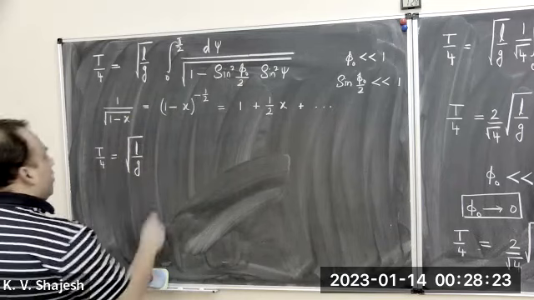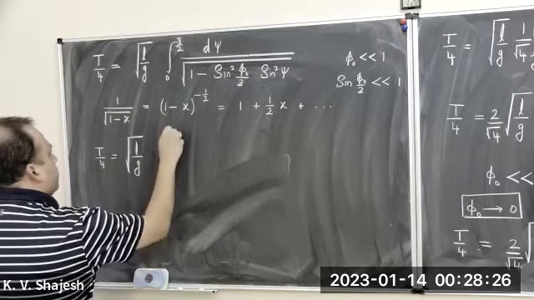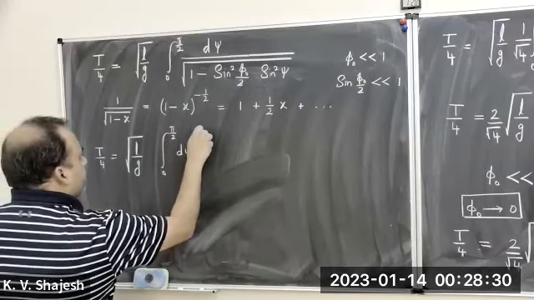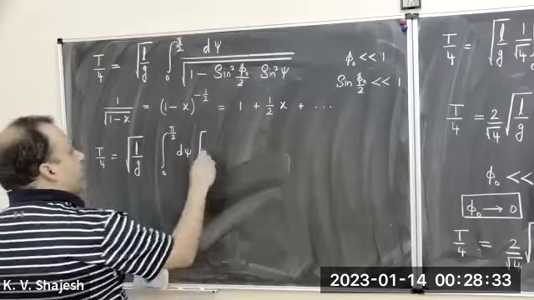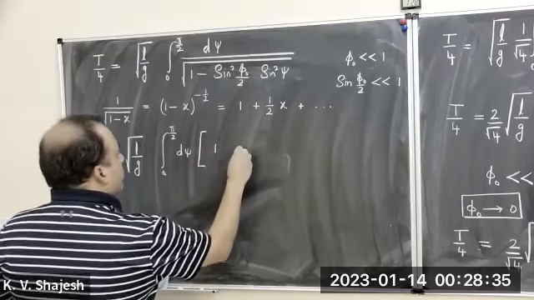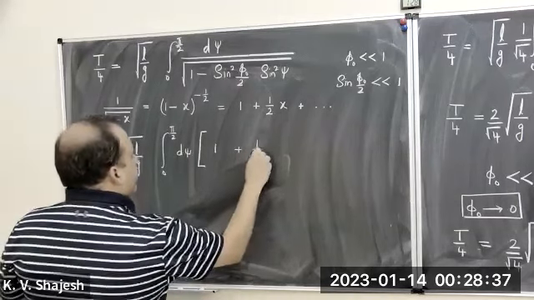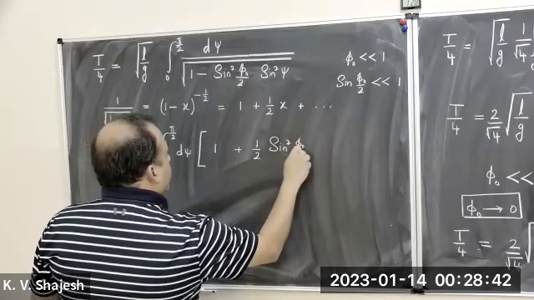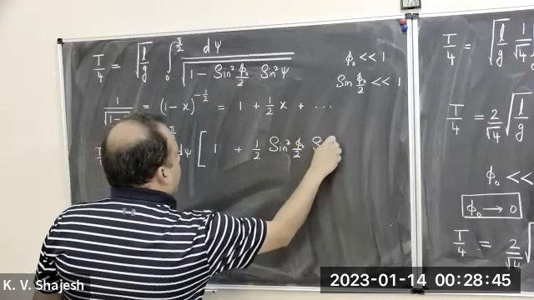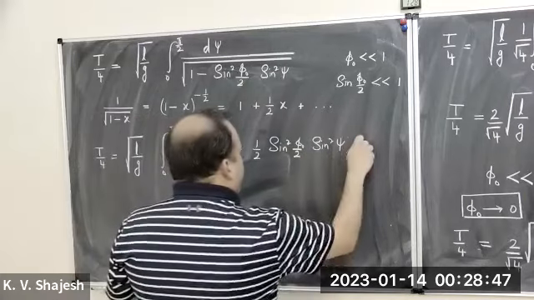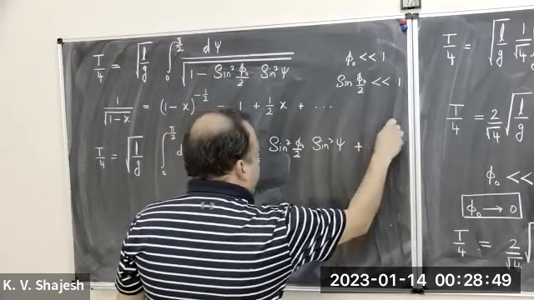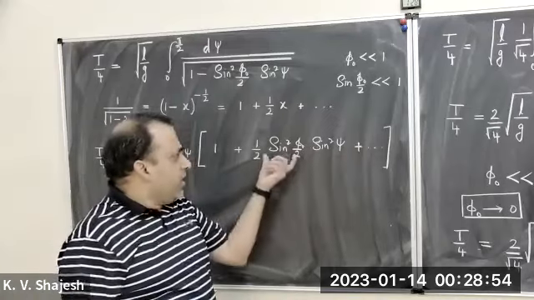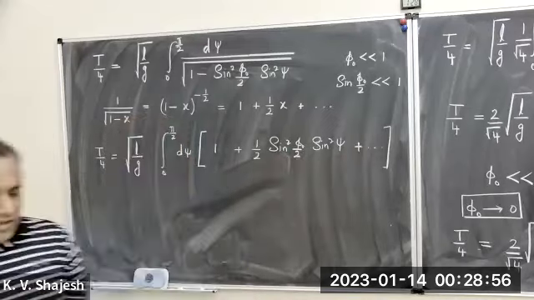So that's square root of L over G times the integral from 0 to pi by 2 of d psi times 1 plus 1 by 2 times sine square phi naught over 2 times sine square psi. There are higher terms which we are dropping, with the argument that they are going to be significantly small if this is significantly small.